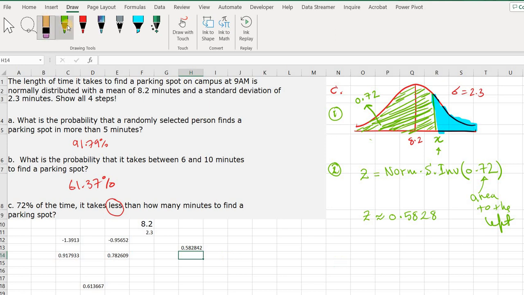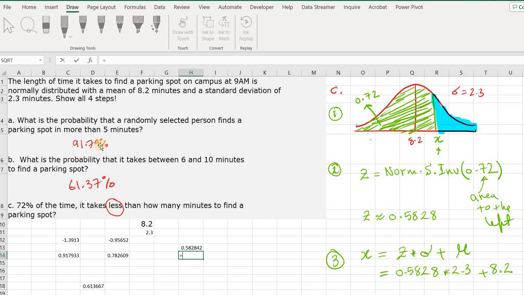And then step number 3 is to convert. Now we're going to convert the z-score into an x. We're going to use this formula. X is equal to z times the standard deviation plus the mean. So it's equal to 0.5828 times 2.3 plus 8.2. I will do the math here.